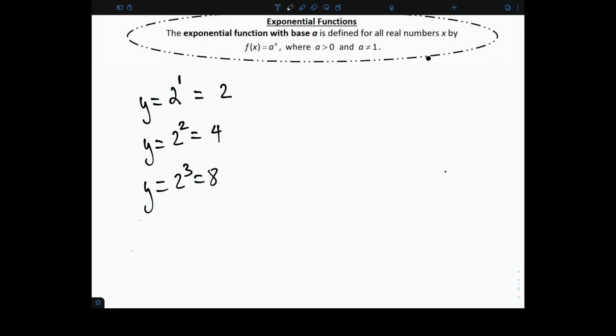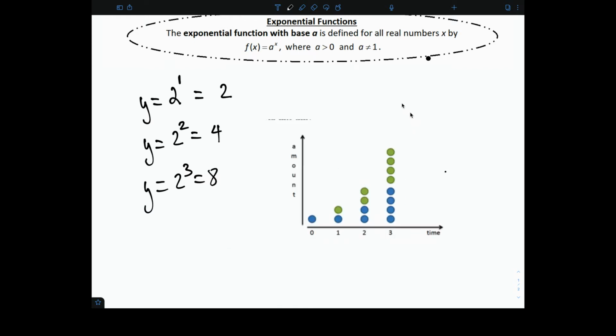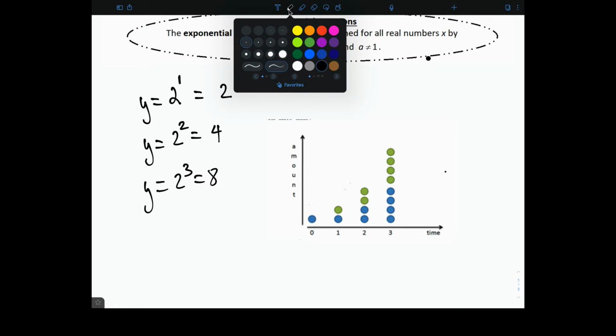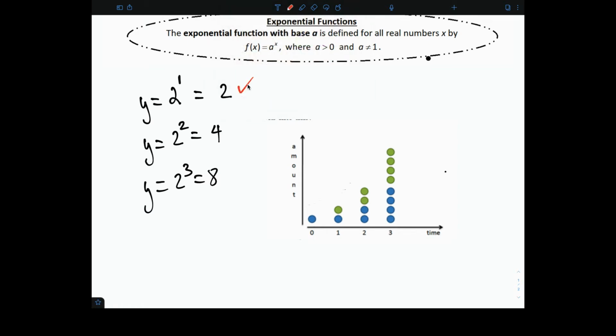Okay. And if I wanted to illustrate what this would look like, we know that if we plotted the amount over time in terms of specific values, it would look something like this, right? We can see that the first value of 2 is what happens after one iteration.